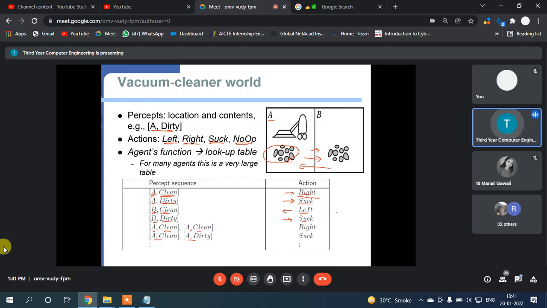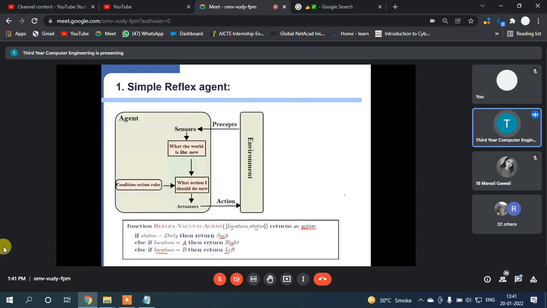So in this way these actions can be performed by multiple agents if multiple vacuum cleaners are there. Okay. So same example is taken here, you can see here, reflex vacuum agent where the location and status are the parameters and which returns a particular action. Got it?